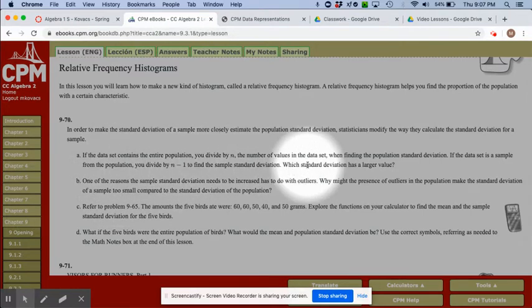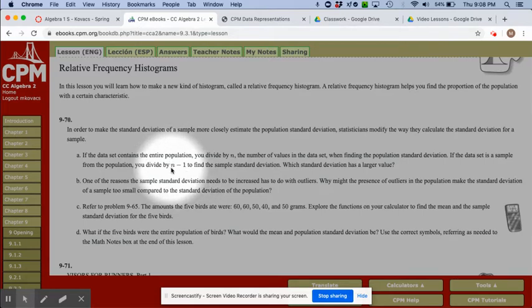So which standard deviation is going to have the larger value? Well, let's think about a number. n and n minus 1 are a little confusing, but let's think about if n was 10. If you divide by 10 versus dividing by 10 minus 1, or dividing by 9, which one of those is going to be bigger? Division is backwards, right? Dividing by the smaller number actually gets you the bigger answer.